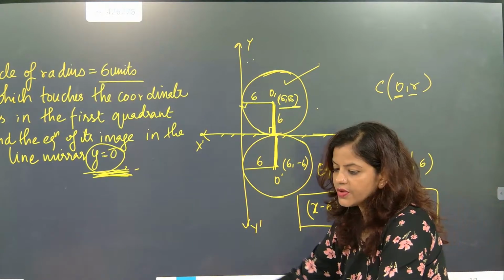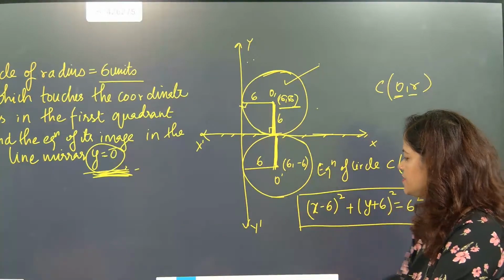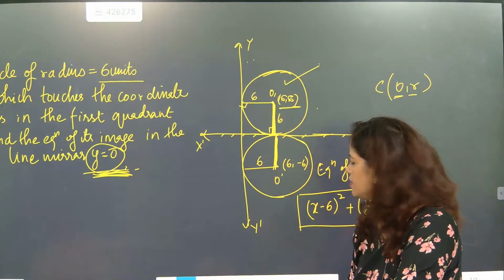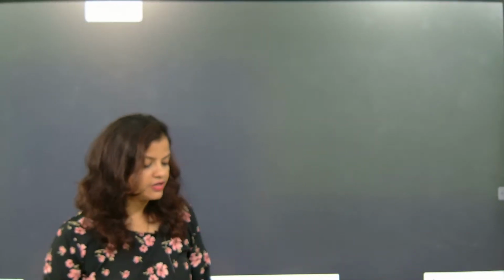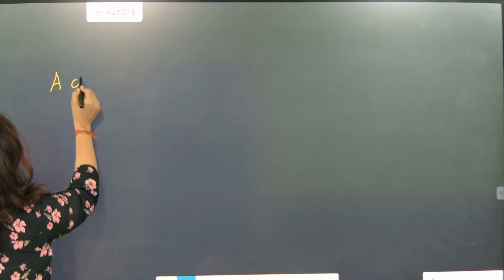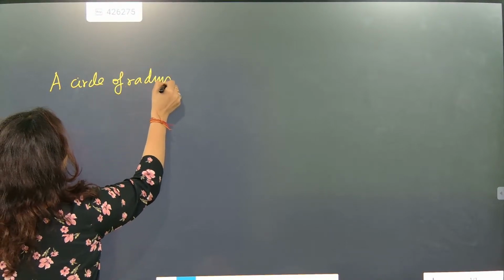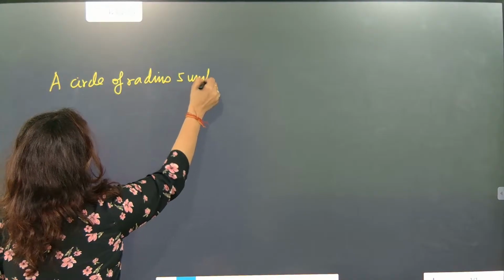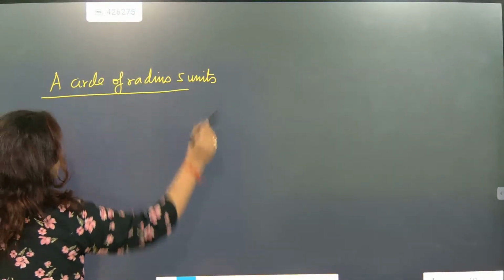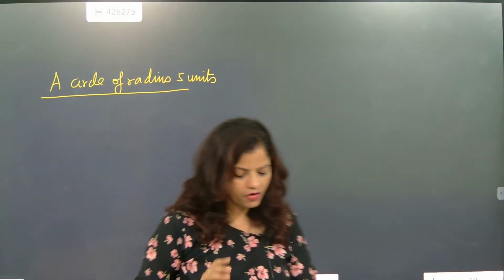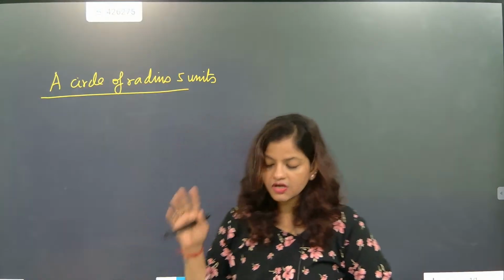So what is the next equation, this part is done, Nishi? Written. So now another equation of a circle you have to find. The question is a circle of radius 5 units are given beta. A circle of radius 5 units, note down, a circle of radius 5 units touches the coordinate axis.